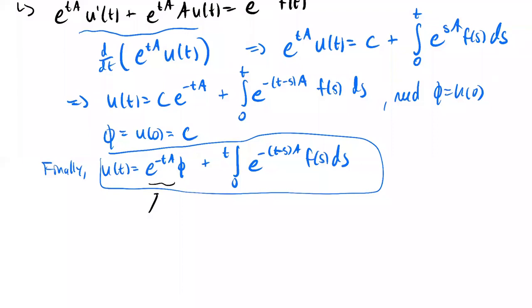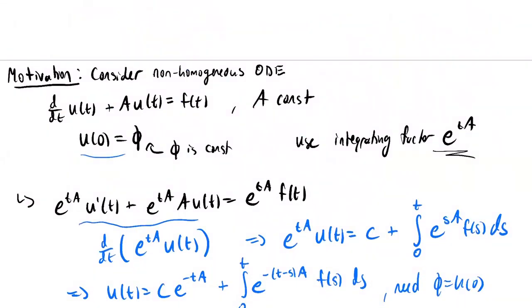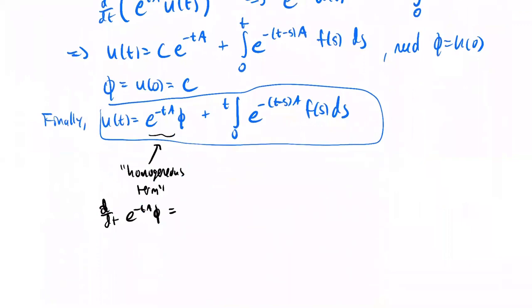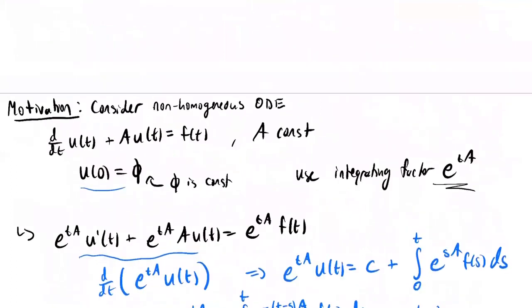So this term here is the homogeneous term, meaning it solves the homogeneous initial value problem, because if I look at the derivative with respect to t, e to the minus ta phi, this does solve the original ordinary differential equation with f replaced by 0, because I just get minus a times e to the minus ta phi, which is just negative a times the solution, which is what we have here if we set f equals 0.